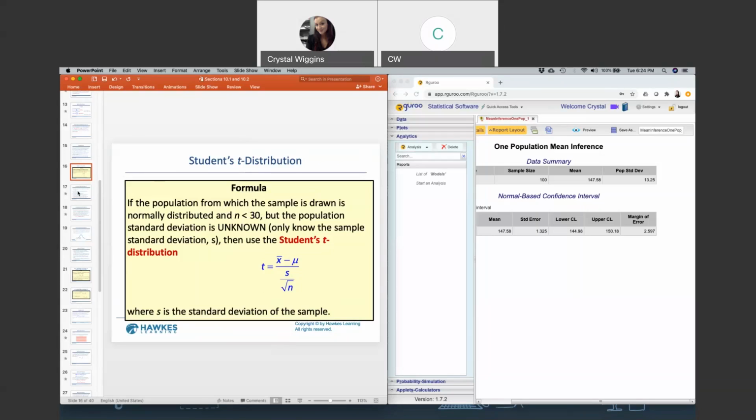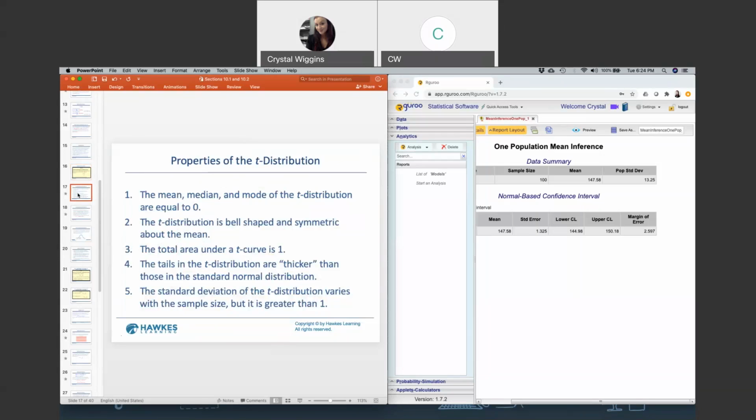So, some properties of this t-distribution. The mean, the median, and the mode are all equal to 0, so that's the same as the z. The mean will always be centered at 0. It's symmetric. It's bell-shaped. The total area under the curve is 1, just like the z distribution, because we're talking about probabilities. At some point, we're going to be using the t, and we need the area to be equal to 1.